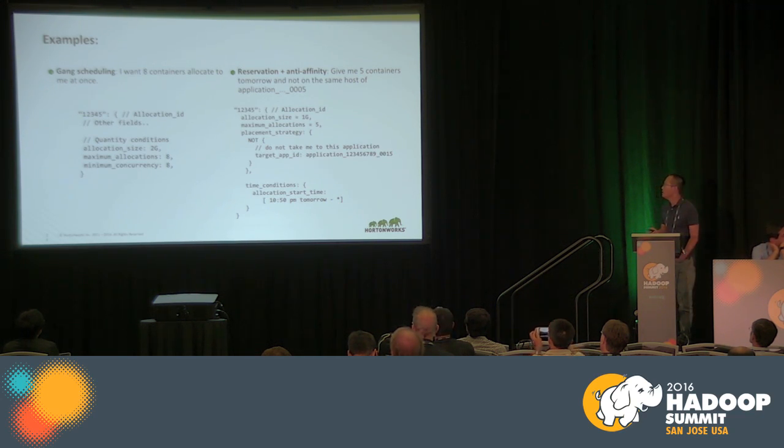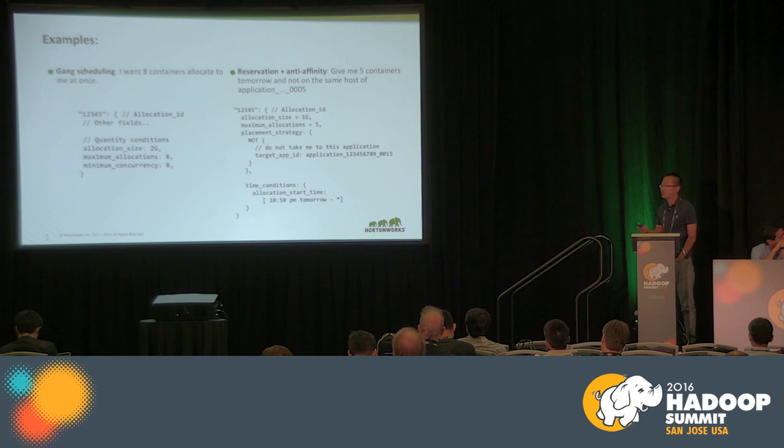The next example is reservation plus anti-affinity, which is to avoid the host which runs application 5, and it is a future requirement. So the allocation size of each container is 1 GB, and I want 5 containers.